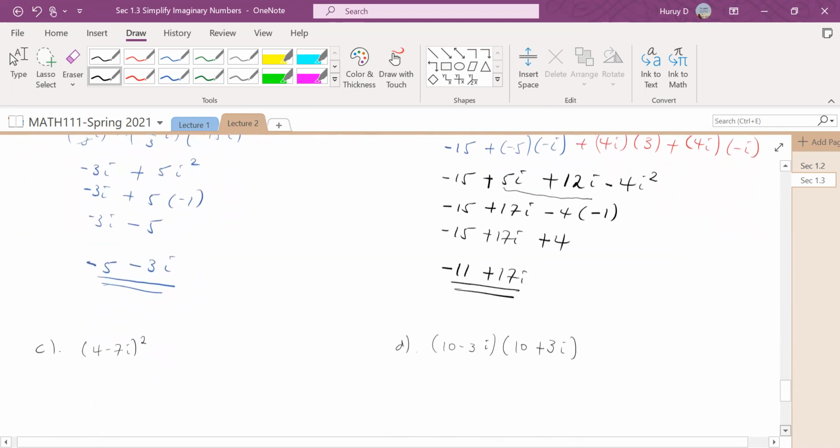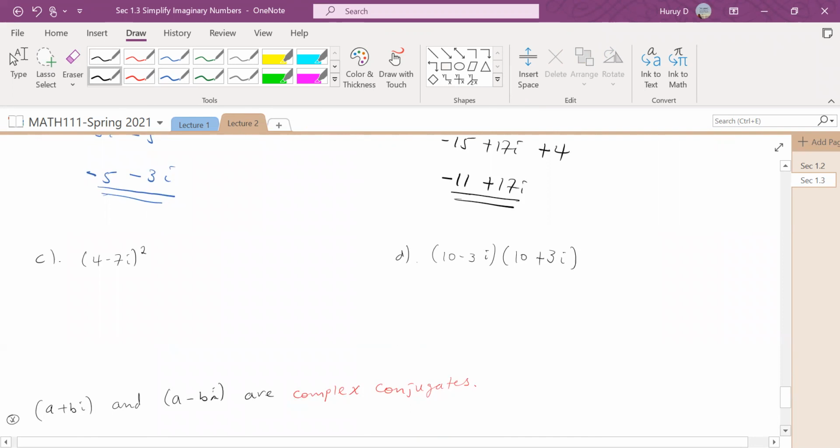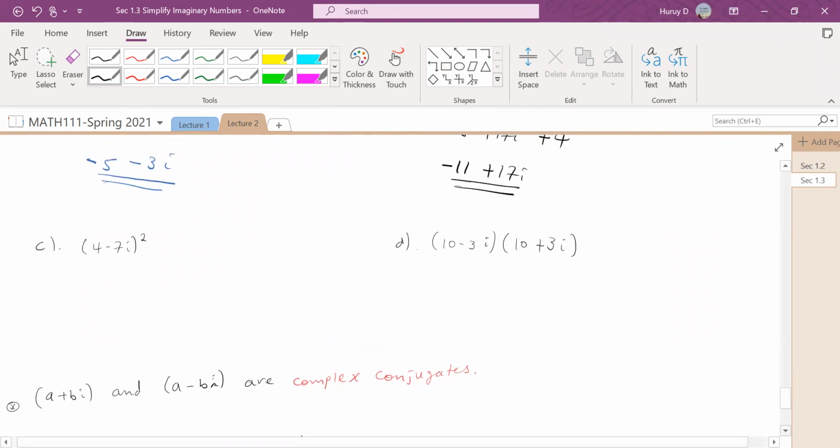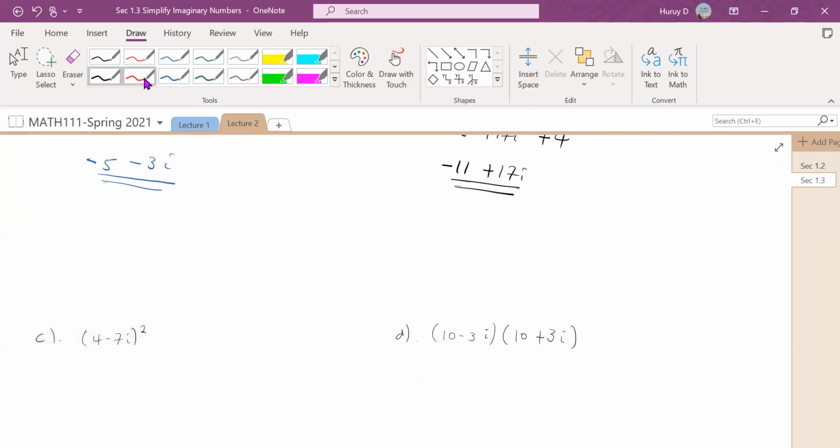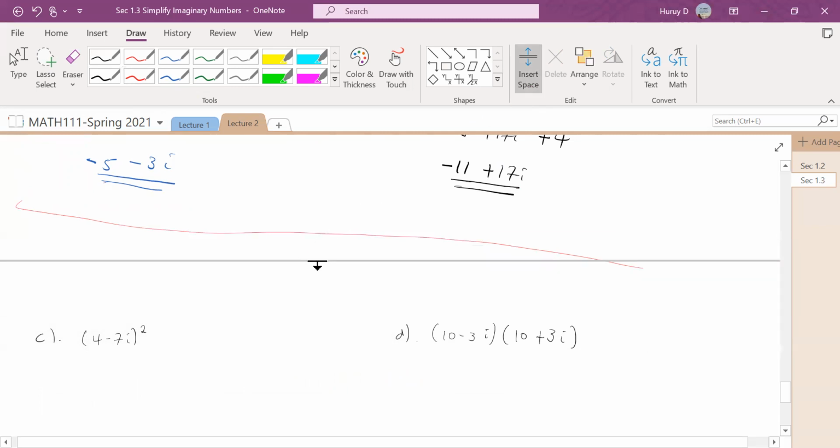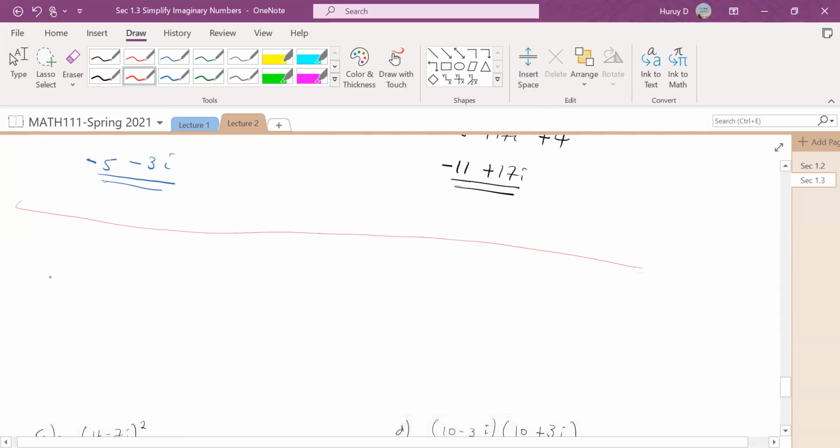Okay. All right, and here I put some more examples. The reason why I put this one is because it's a bit special. Now, remember from polynomials, if we have a plus or minus b, squared, this is a squared plus or minus 2ab plus b squared.